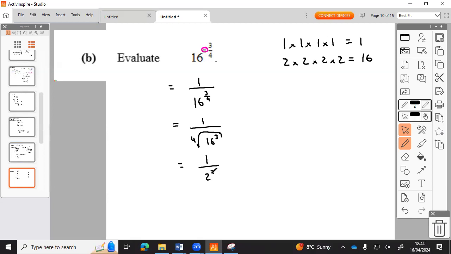Essentially we're just doing 2 times itself 3 times, so 2 times 2 times 2 is 8. With the 1 over, that's your final answer.